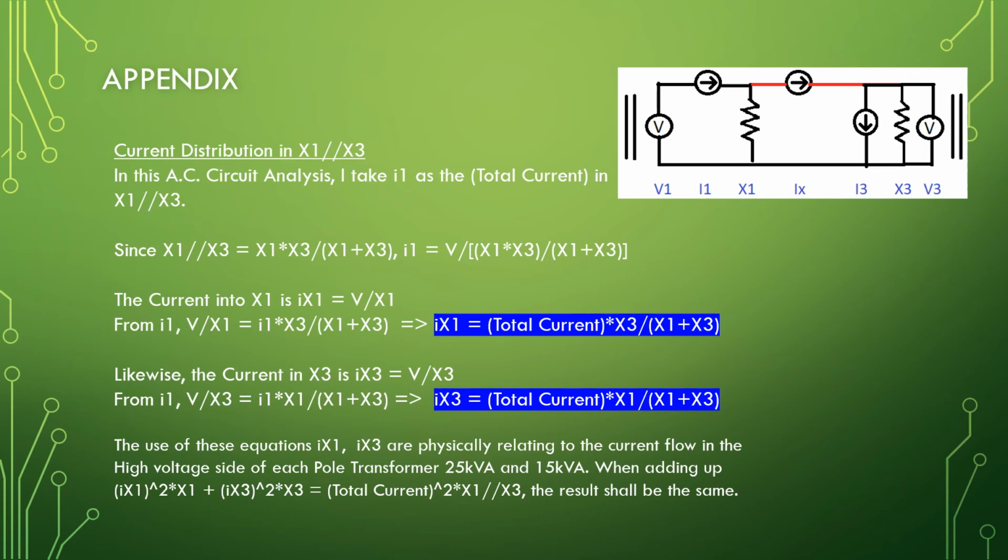When adding up Ix1 squared times X1 plus Ix3 squared times X3, equal to total current squared times X1 parallel X3, the result shall be the same.